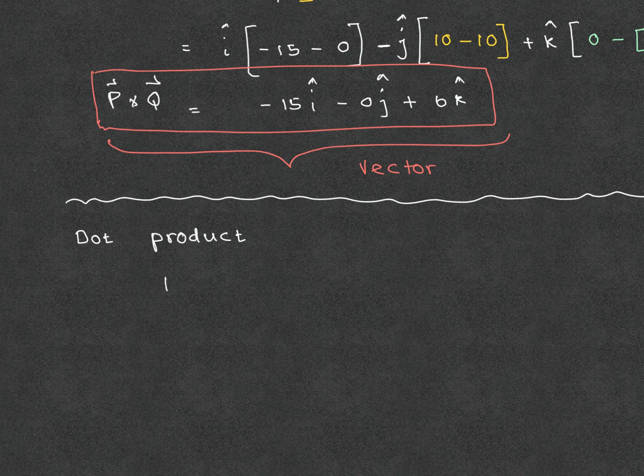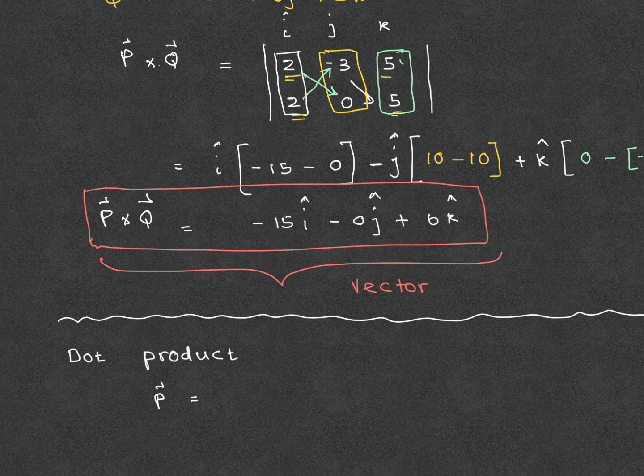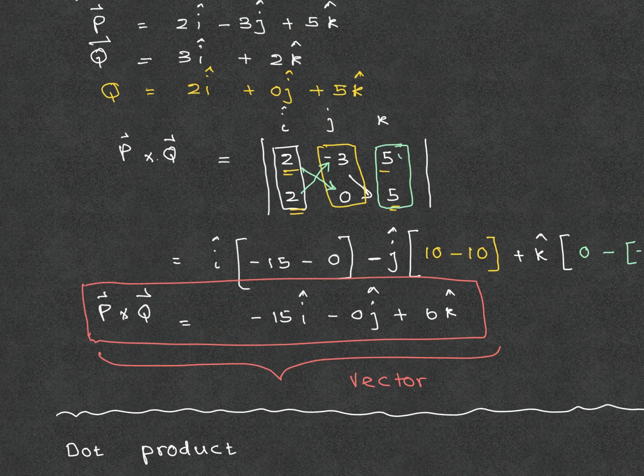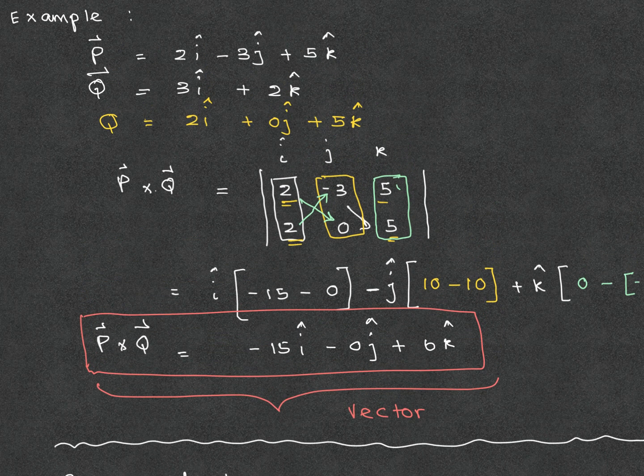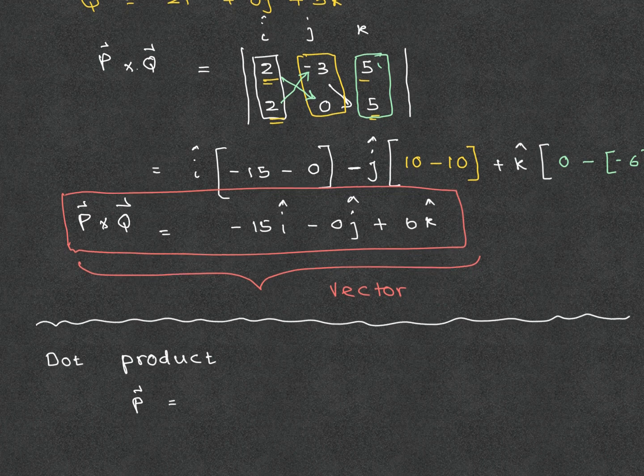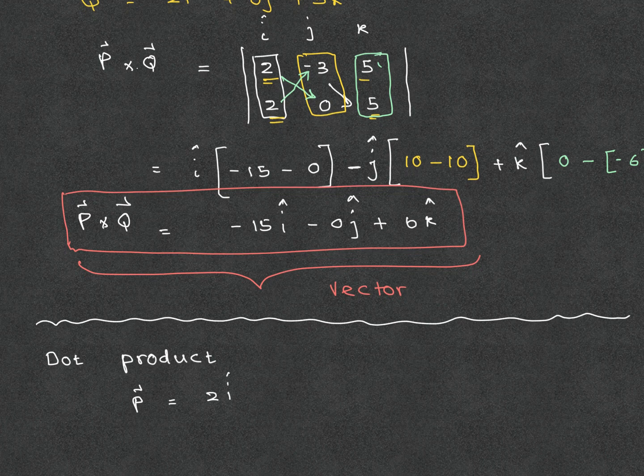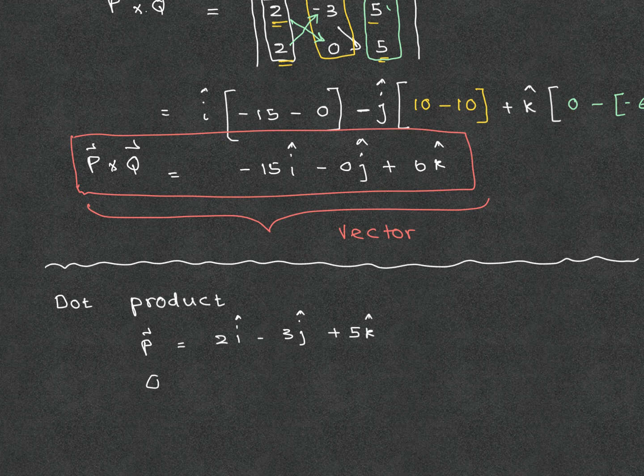If I take the same example as above, P and Q, and if I ask you to get the dot product between the two, let's write P: 2 i hat minus 3 j hat plus 5 k hat. And then the Q was written as 2 i hat plus 0 j hat plus 5 k hat.